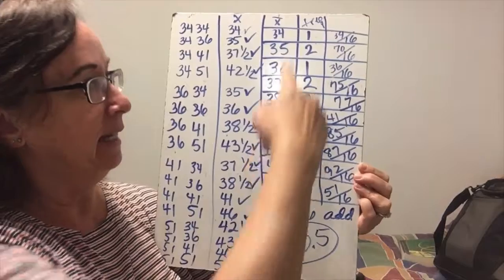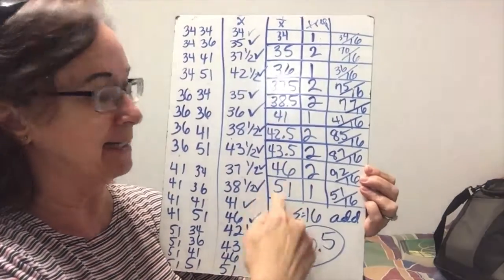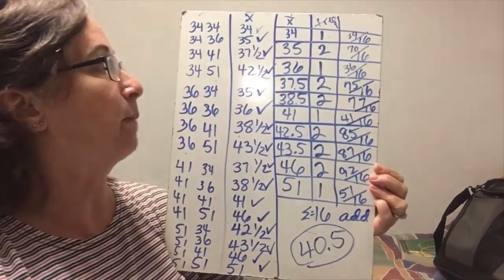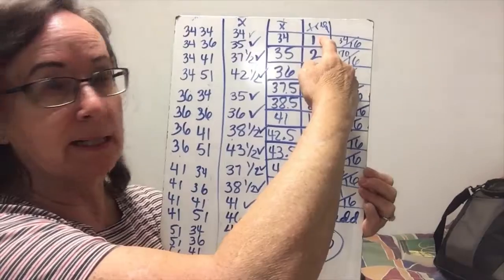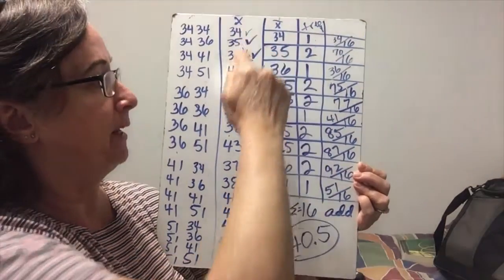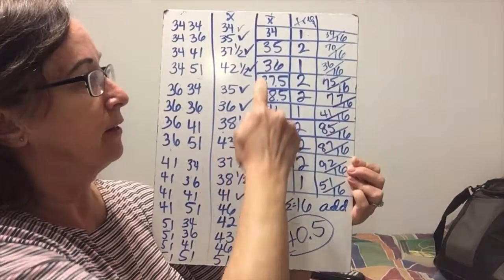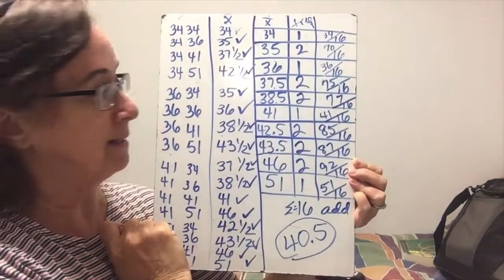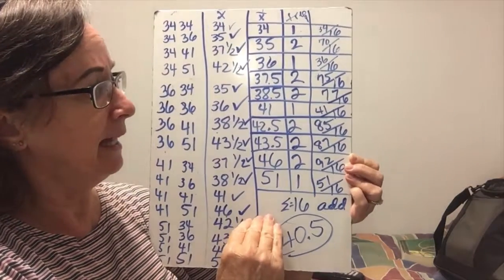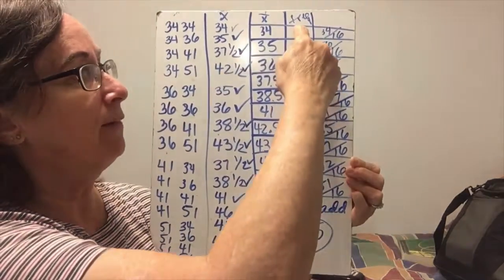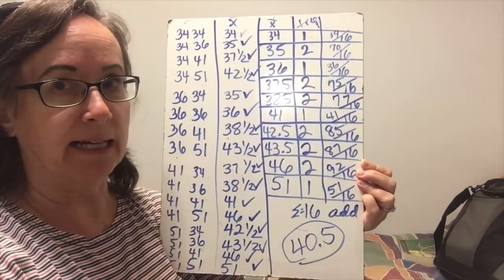We had 1, 2, 3, 4, 5, 6, 7, 8, 9, 10 individual X bars because we had some repeats. 34 appeared only one time. 35 appeared twice. 36 appeared one time. 37.5 appeared twice, and so forth, all the way down. And each one of these has a probability of 1/16.